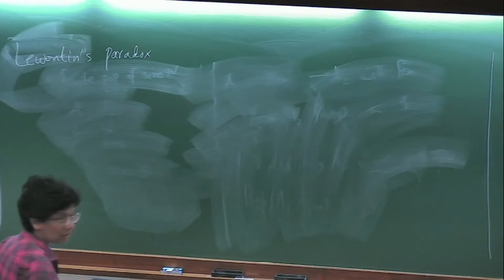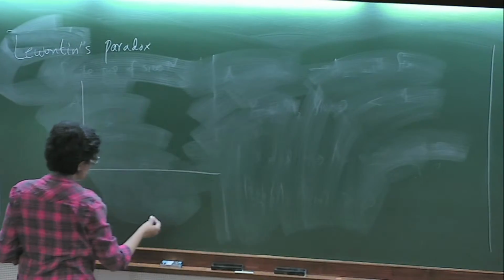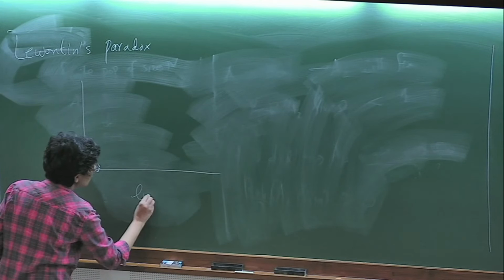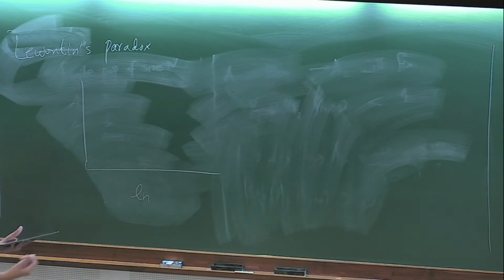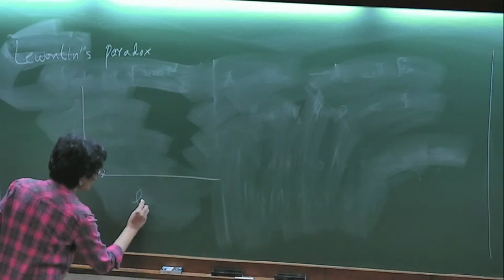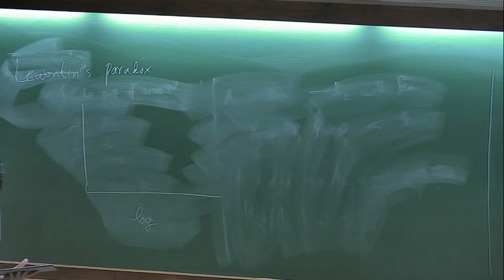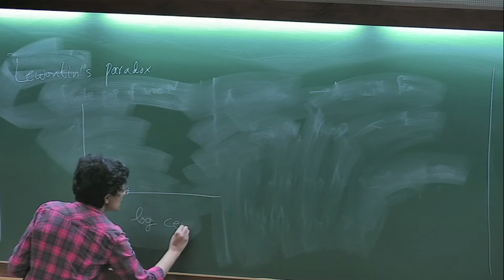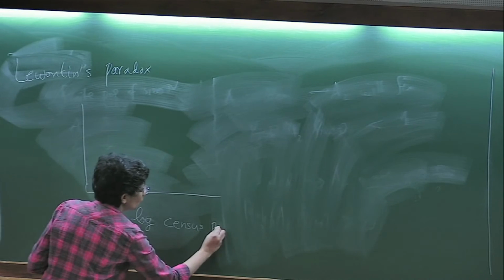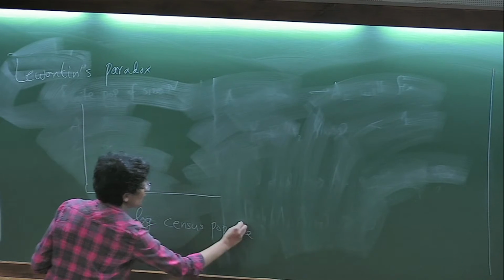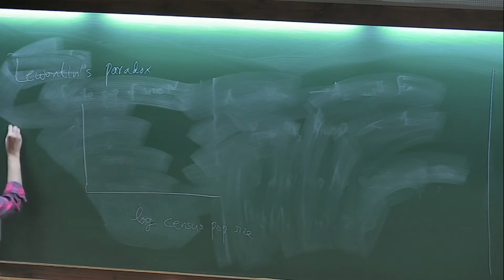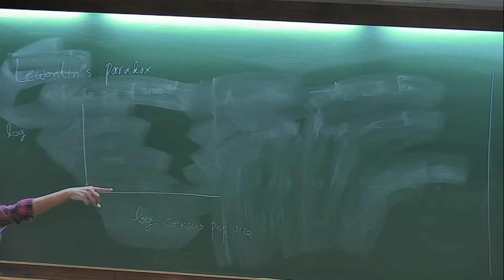If you see in your Slack, I'm plotting log; ln stands for log. If you don't like ln, I'll write log for you. What is plotted on the x-axis is the log of the census population size, and the y-axis is the log of that pairwise diversity.